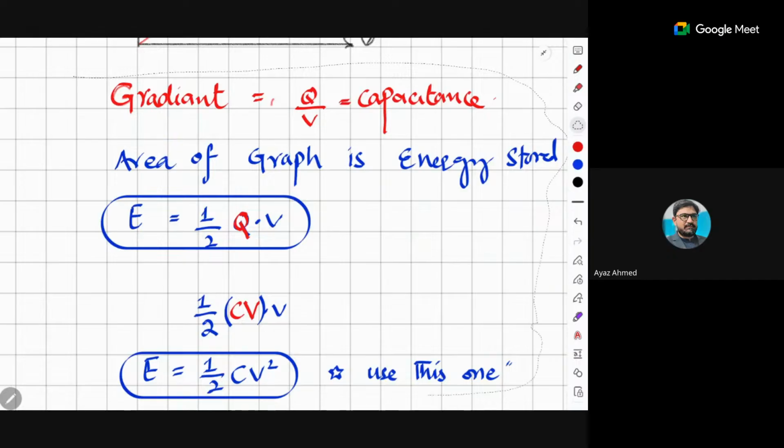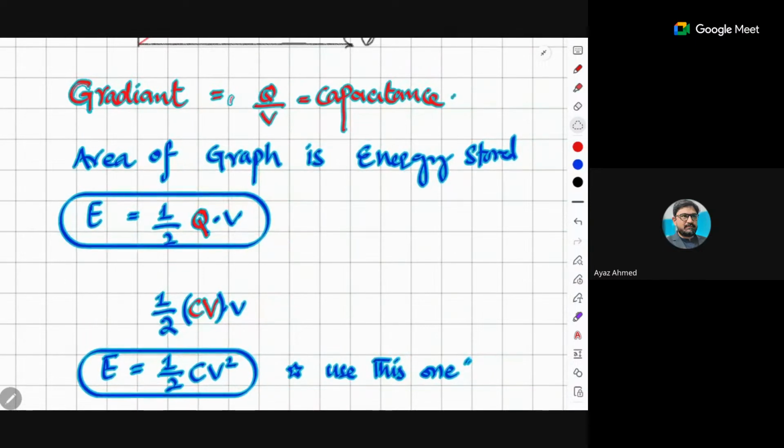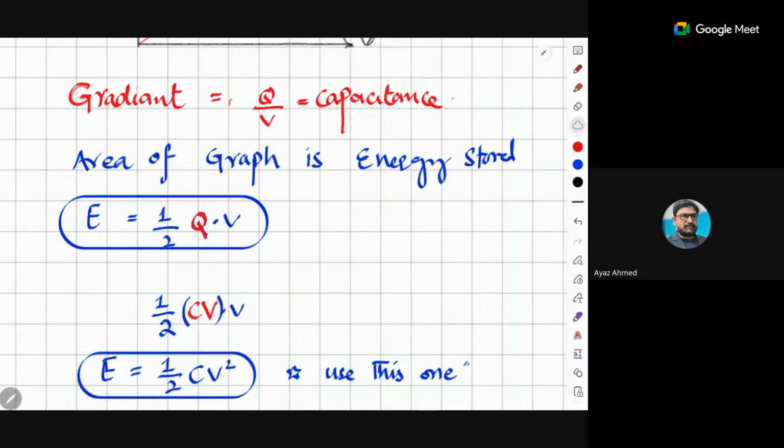What does this graph show you? The gradient of the graph gives you the capacitance. Is this visible to everyone? The gradient of the graph gives you the capacitance of the capacitor.